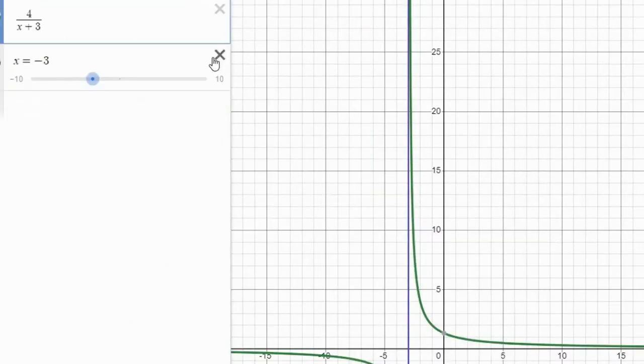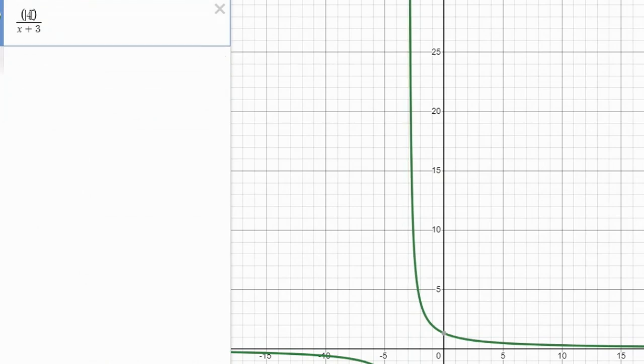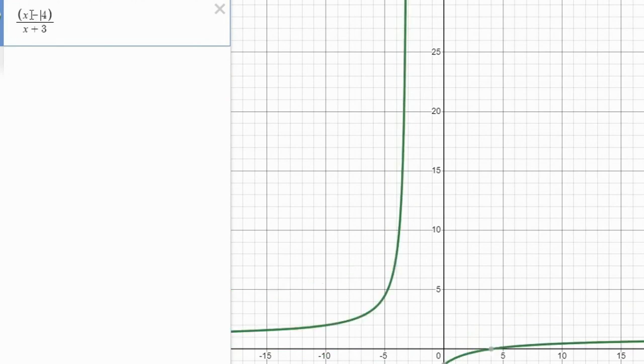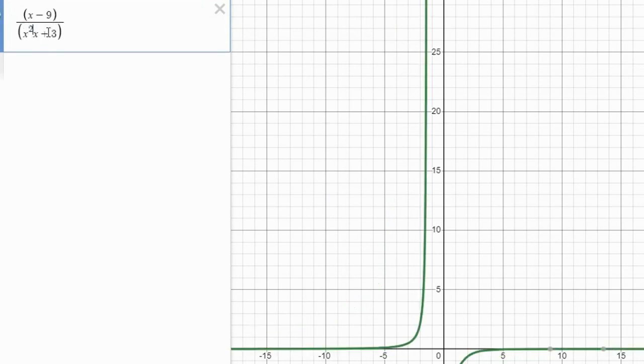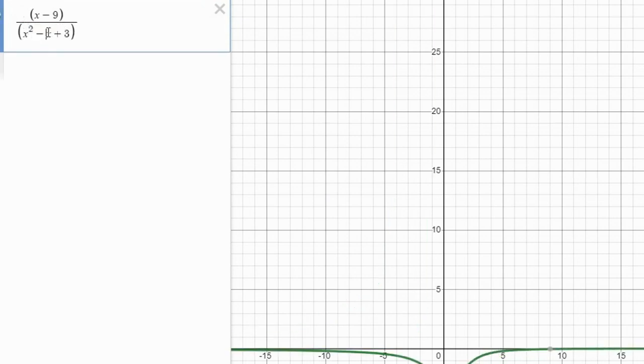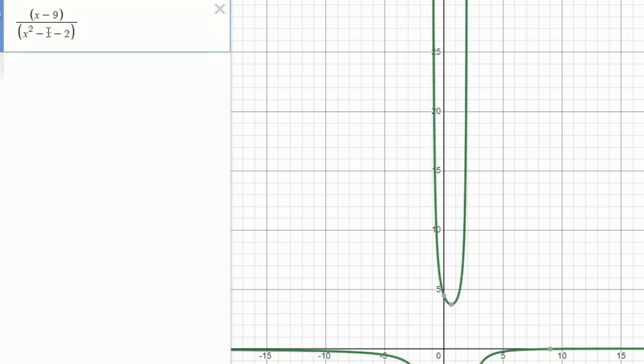So let me just close both of them, close that, close this. So instead of 4, we're going to put x minus 9 in the numerator. And then on the bottom, we'll put the original equation, x squared minus x minus 2. Okay.